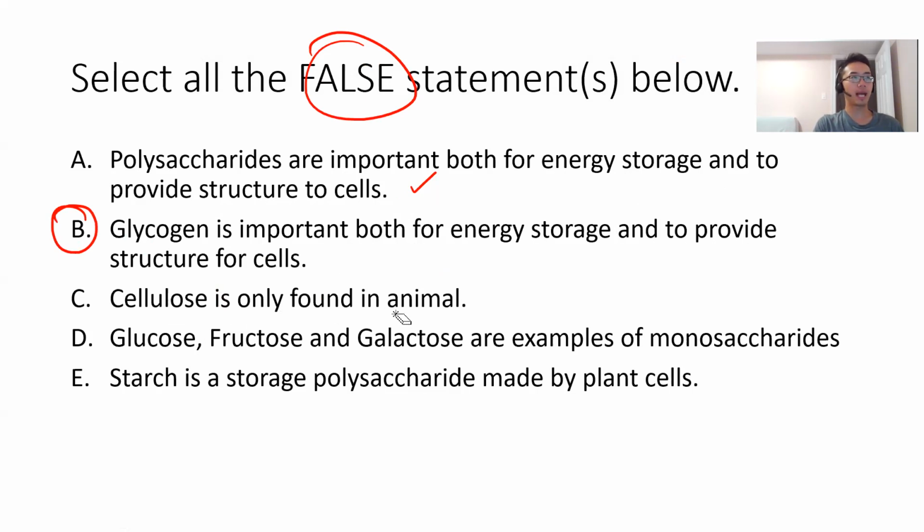Cellulose is only found in animals. That is not true. In fact, cellulose is only found in plants. Glucose, fructose, and galactose are examples of monosaccharides. That is correct. Starch is the storage polysaccharide made by plant cells. That is also correct. Okay, starch is the storage form of energy of plants, right? So the answers for this question would be both B and C because those are the false statements.